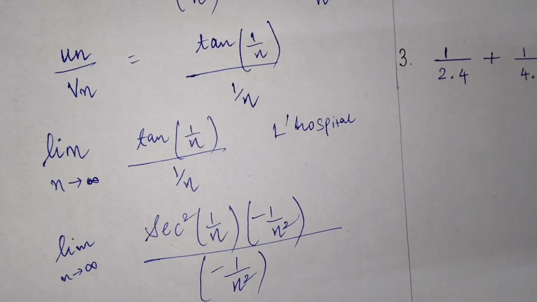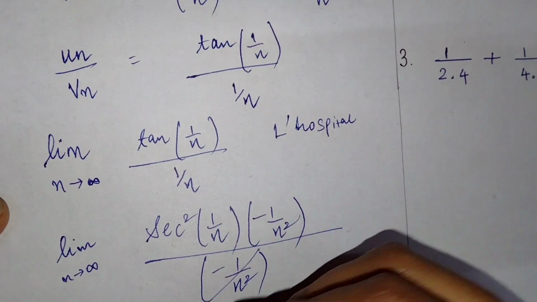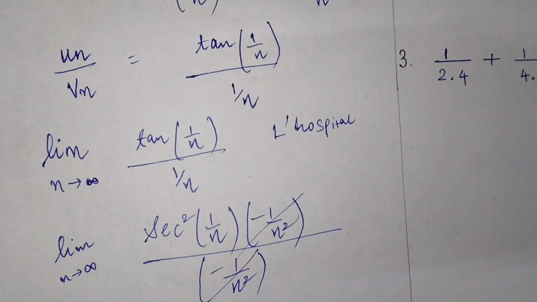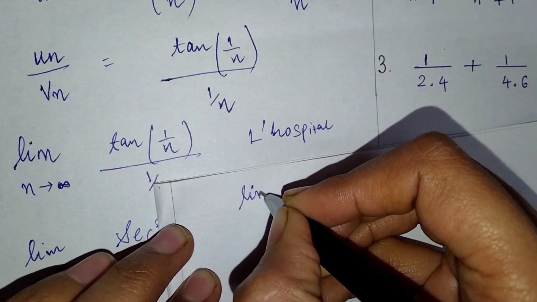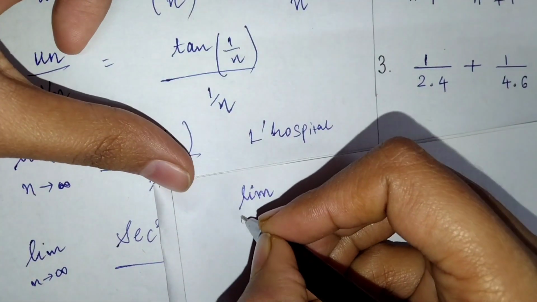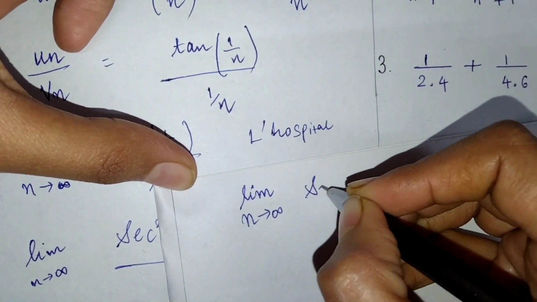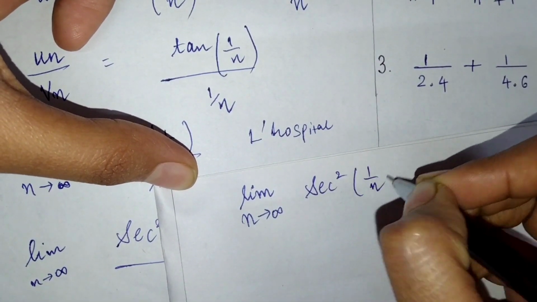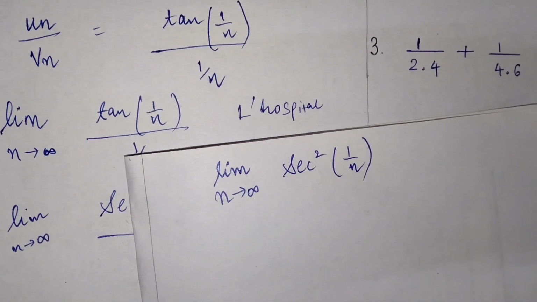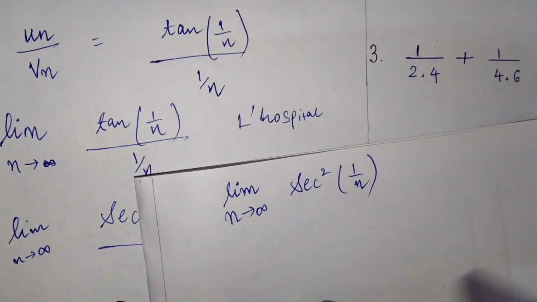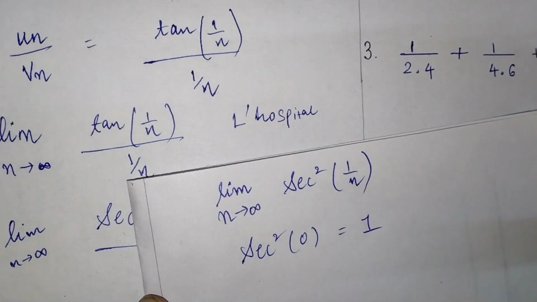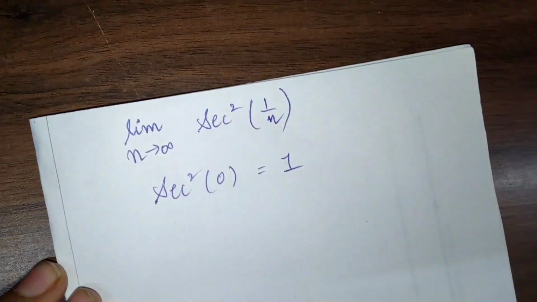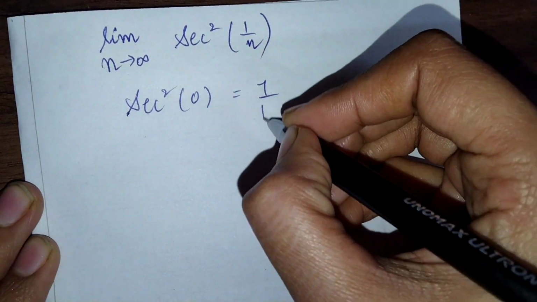But you can see that both the terms will get cancelled. So what will remain? We will get limit n tends to infinity sec square(1/n), and the value of sec square 0 is 1. So you can see that here we got a finite and positive value.